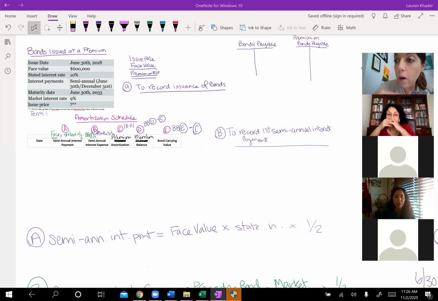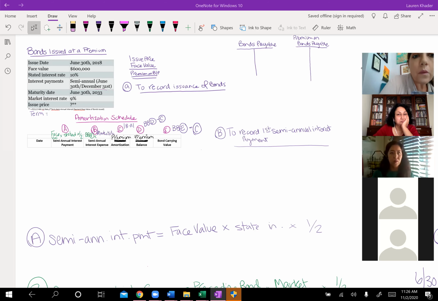When you issue bonds at a premium, the issue price is higher than face value. We're going to receive more cash than we have to pay back at maturity, because these bonds are paying a higher interest rate than the prevailing market interest rate.